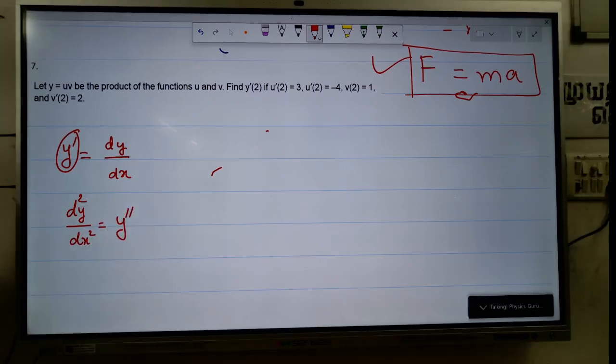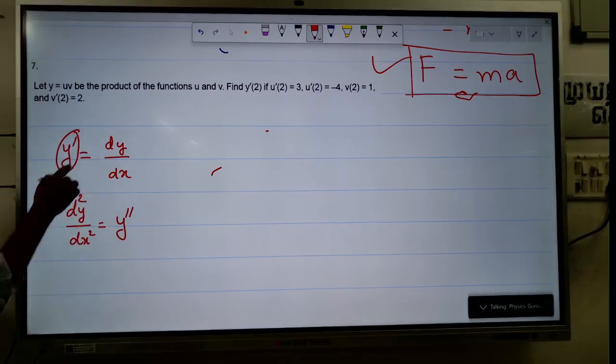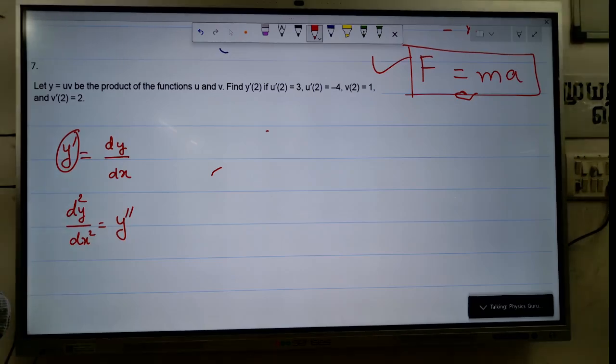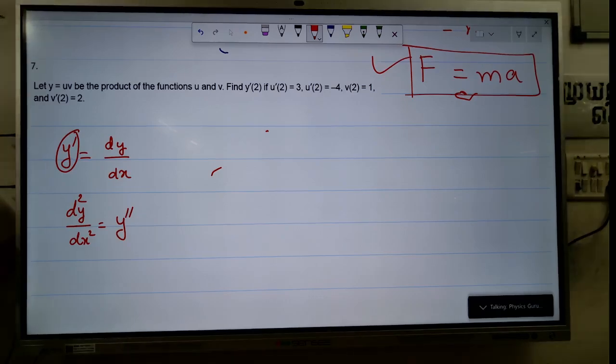Okay? Whenever you see a single prime, it is differentiated one time. Whenever you see a double prime, it is differentiated two times. Okay, noted.